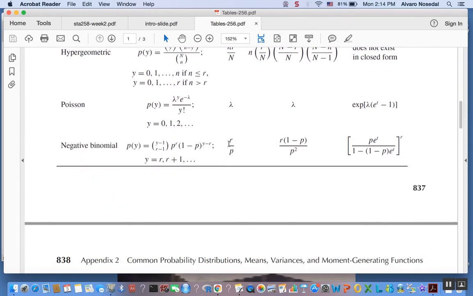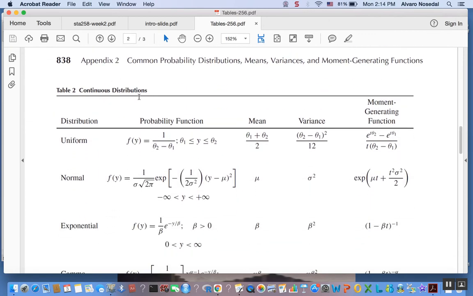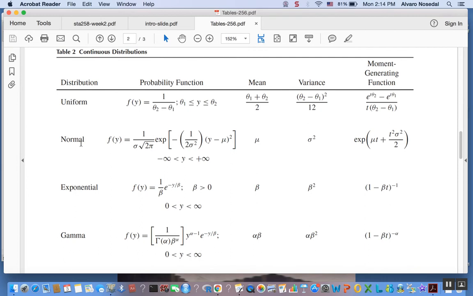The one that we want is page 838, because there we will find the continuous distributions, and that table contains the PDF, mean, variance, and the moment generating function. So that moment generating function is for a normal with mean mu and variance sigma square, but this is evaluated at t, and we want to evaluate ours at t divided by n. So we just change accordingly, right?